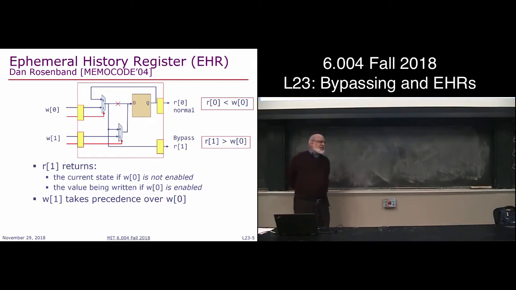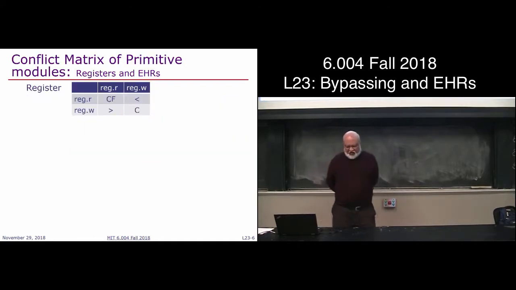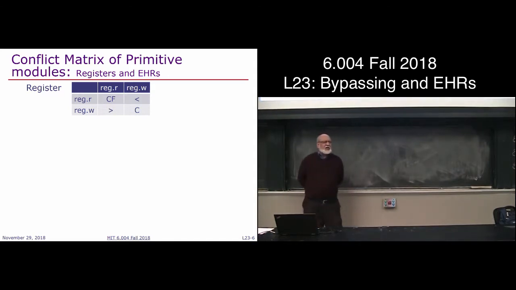But like in most things in Bluespec, we don't want to think in terms of low-level circuits. We want to think in terms of some higher-level thing, and that will be an EHR declaration. So anytime you do an EHR, you're going to get this 4-ported device, 2 read ports and 2 write ports, with its own behavior. So we like to capture these things in terms of a conflict matrix.